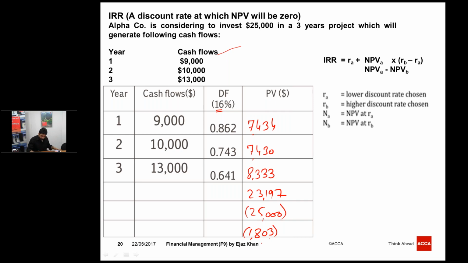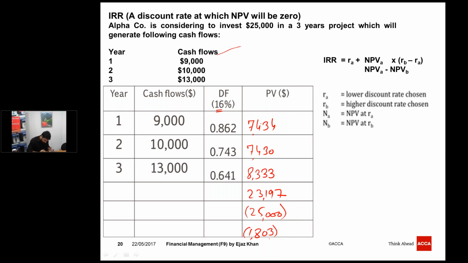It's 1803 negative. Okay, let me see. Maybe I have a mistake. 9,000 into 0.862. Sorry, my mistake.